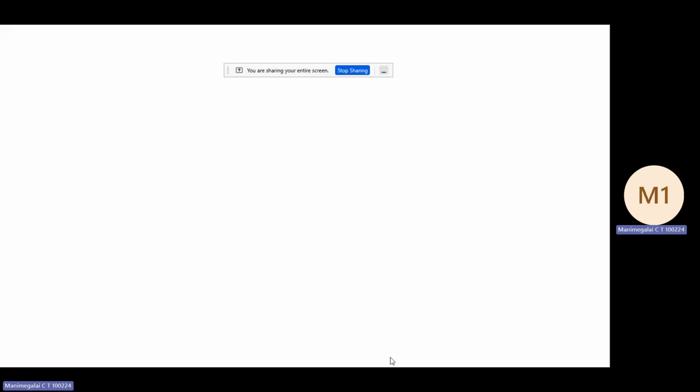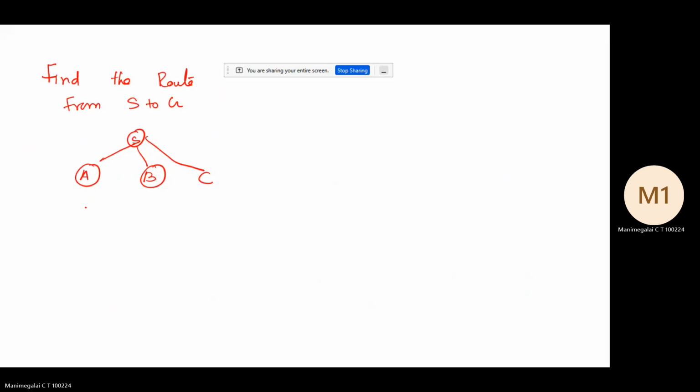Next, now I'll give a problem to find it. Find the route from S to G. The problem is: S, and A, B, C are all connected to S. Then here D and here G. These two are connected.